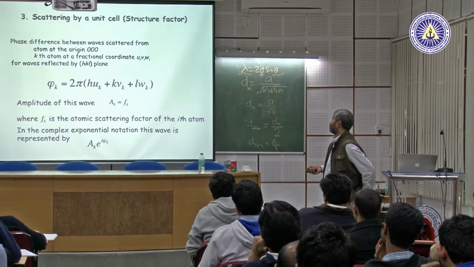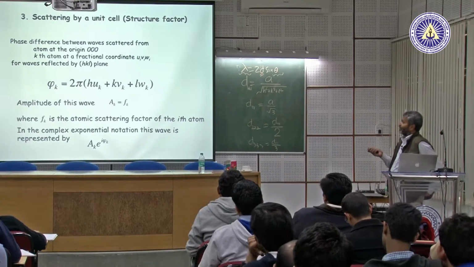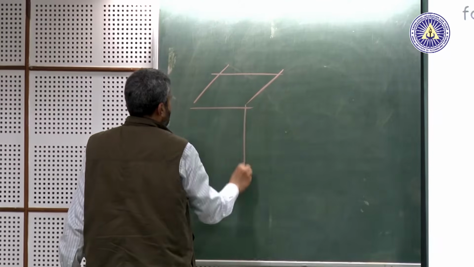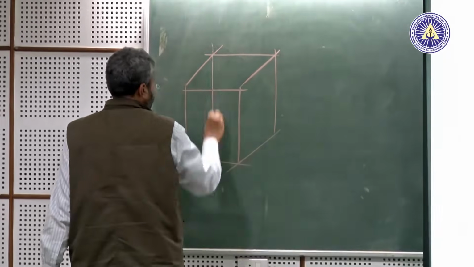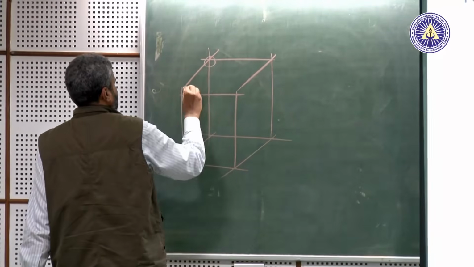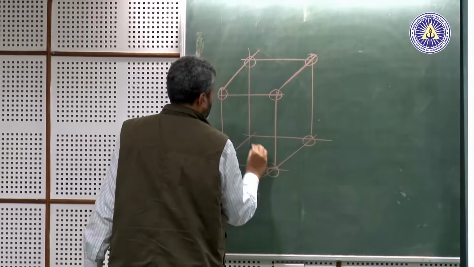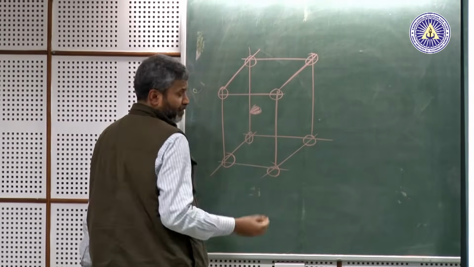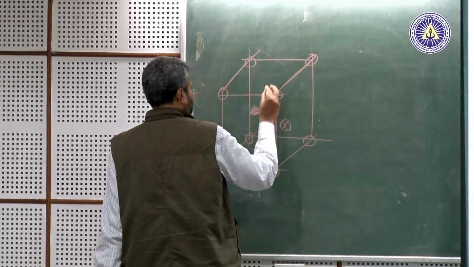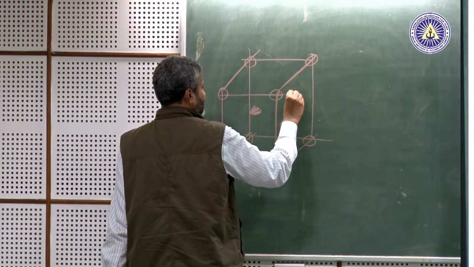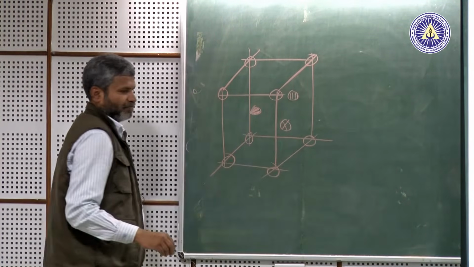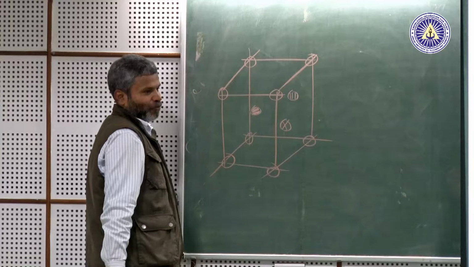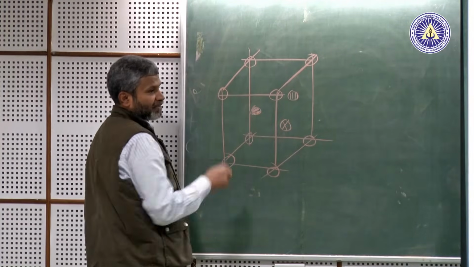Suppose this is a unit cell where the lattice along with the motif is there, and different kinds of atoms at different locations. Say it is a compound ABCD with 4 elements. Different atoms will have different scattering factors.